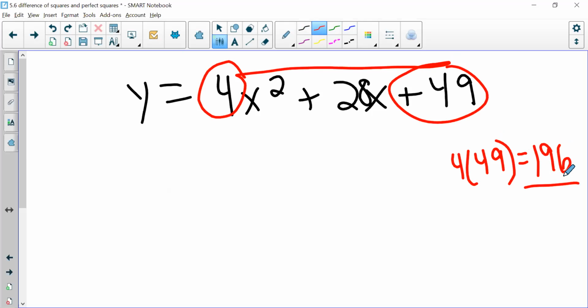What times what gives me 196 and 28 when you add them together? What are your factors of 196, guys? You have 2, you have 4, 7. If you divide 196 by 7, you get 28. But if I add those together, I get 35. I need them to add to 28.